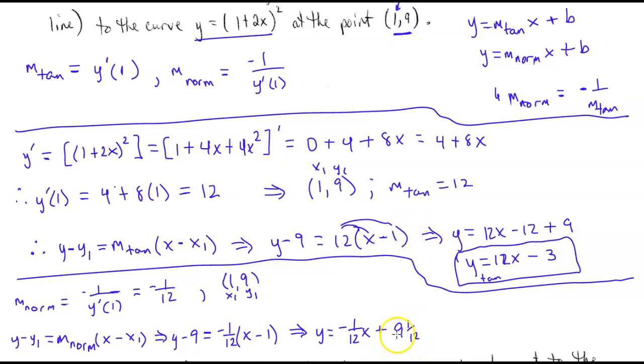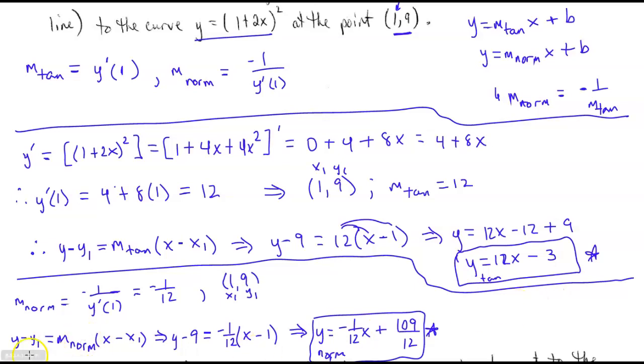So we're going to change this mixed number here to just being 109 divided by 12. And so this would be the equation of the normal line. This would be our answer for the equation of the normal line, and this would be our equation for the tangent line.